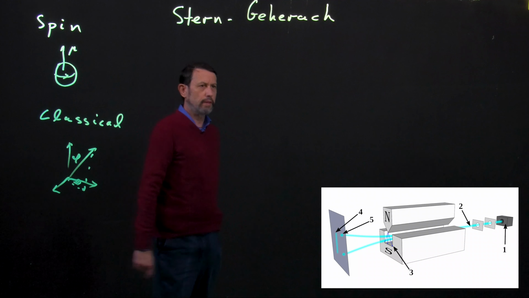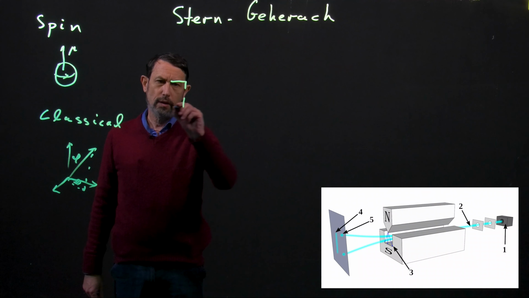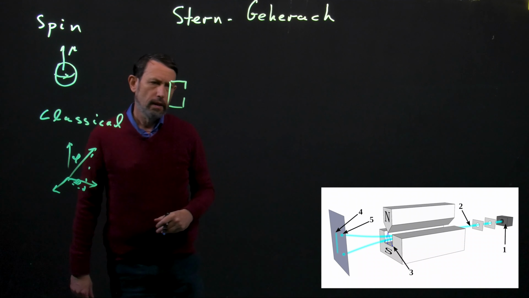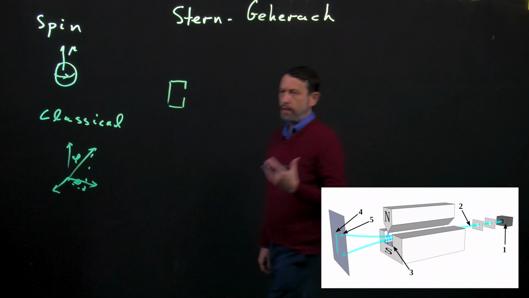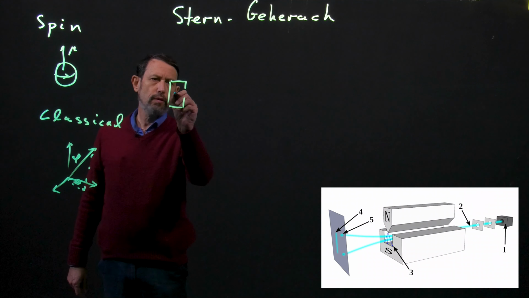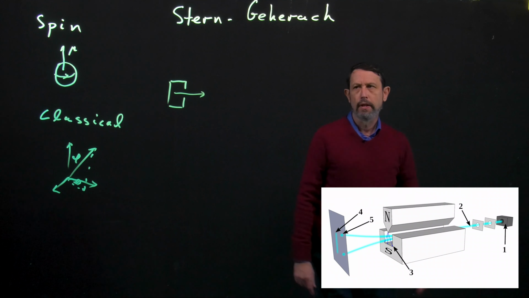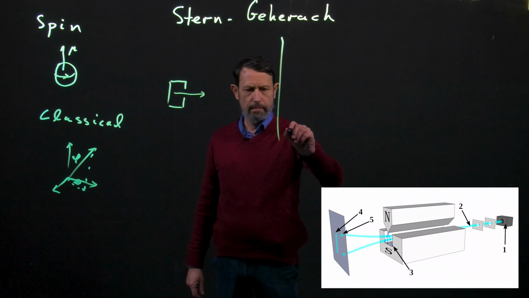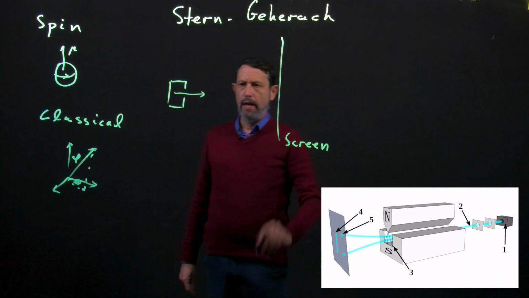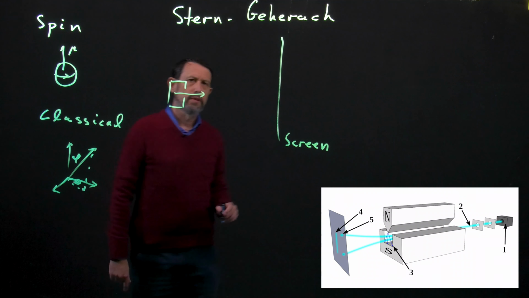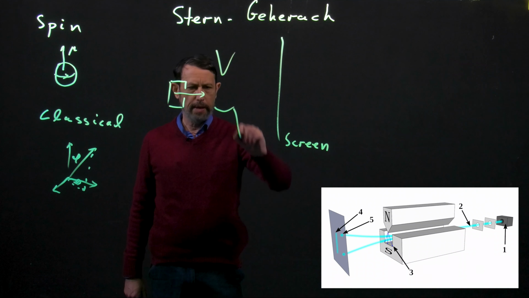In this experiment, they had a source of atoms that had a spin. They come out of the source with some velocity. There is a screen, and they put a magnet somewhere along the path.